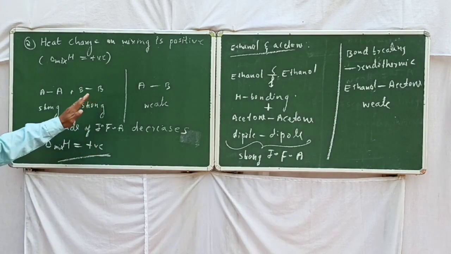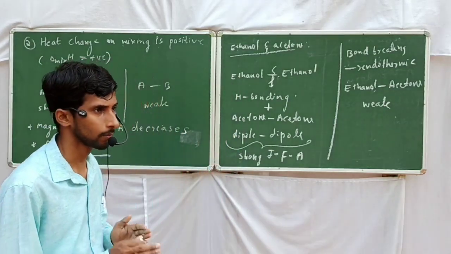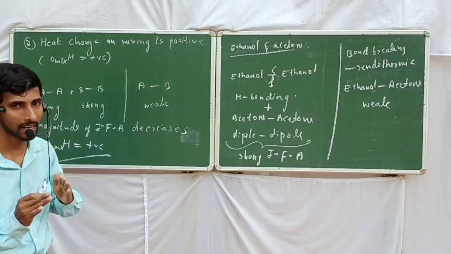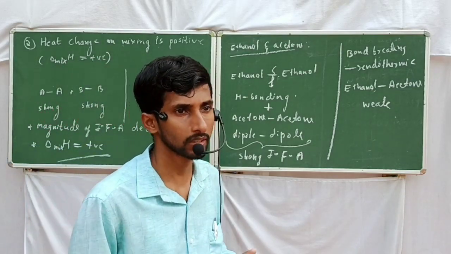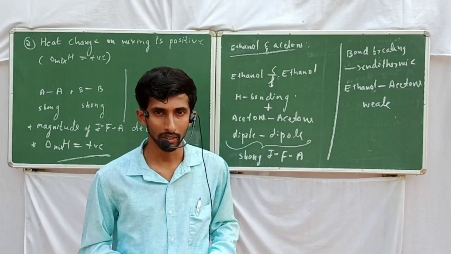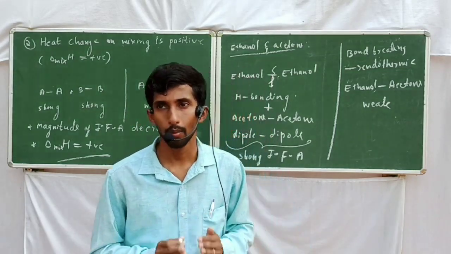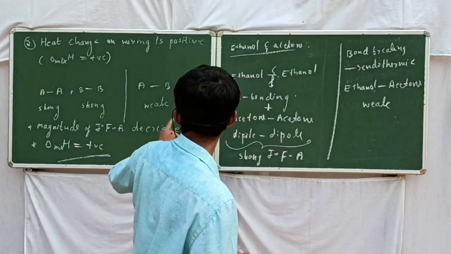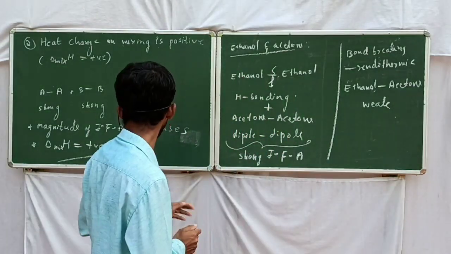In case of non-ideal solutions showing positive deviation, the mixing of two components involves breakage of strong intermolecular forces of attraction between the pure molecules. So for non-ideal solutions showing positive deviation, enthalpy change on mixing is always positive.